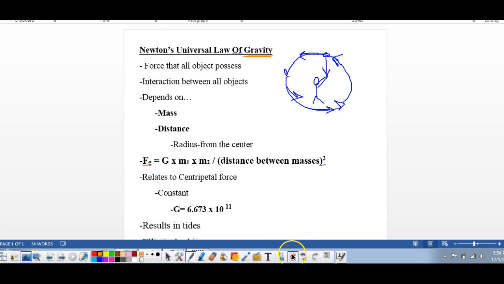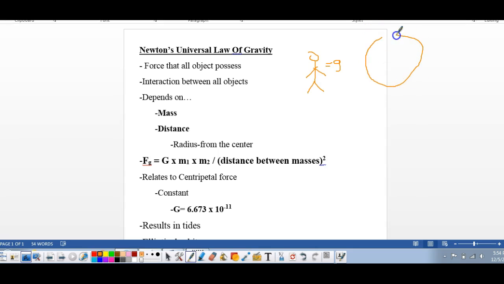So if we were looking at this person here just by himself, so he's standing here, he has gravity. He has G. And also we have a planet, and these aren't to proportion. Let's just say we have Saturn.